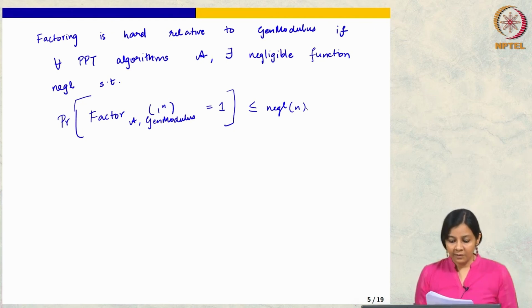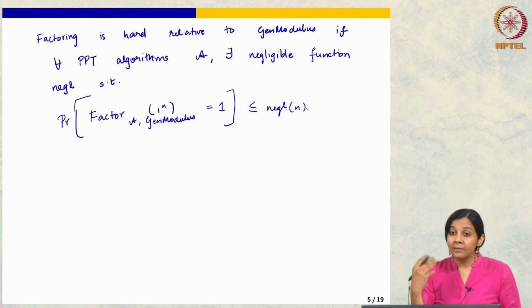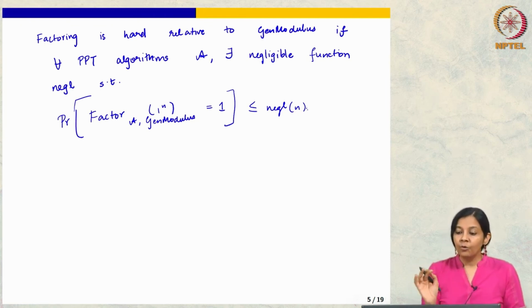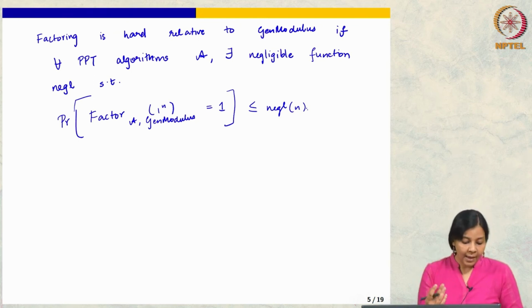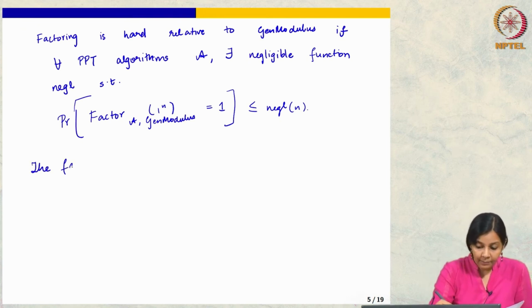So this is what we mean by factoring being hard. So far we defined the factoring experiment, and we said when factoring is called hard. Now, the assumption of factoring is that there exists a gen modulus algorithm for which this factoring is hard. Let me write this. So, the factoring assumption.